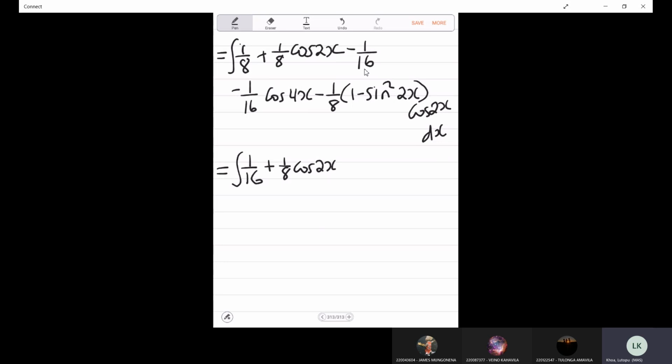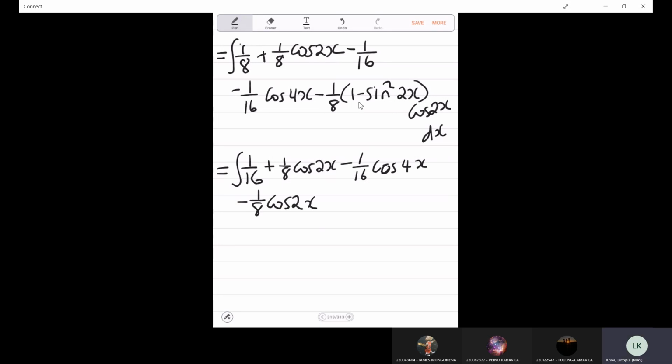Then minus 1 over 16 cos 4x. Then we need to multiply 1 over 8 cos 2x. So we have minus 1 over 8 cos 2x.